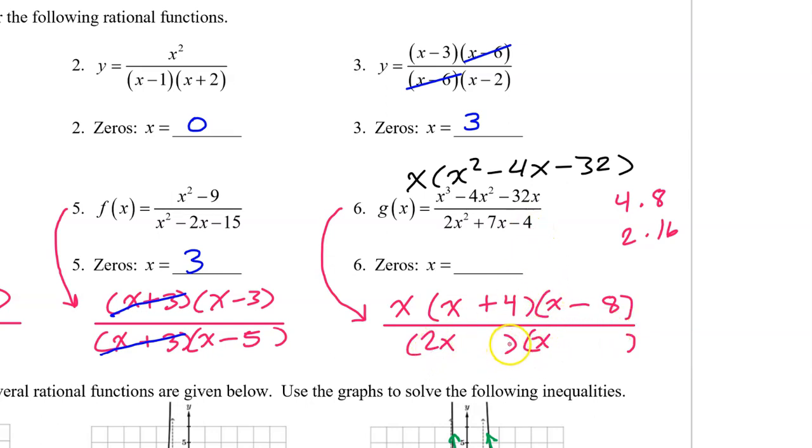4 is either going to factor as 2 times 2 or 1 times 4. Normally I start with the values that are closer together, so I would say let's start with 2 times 2.